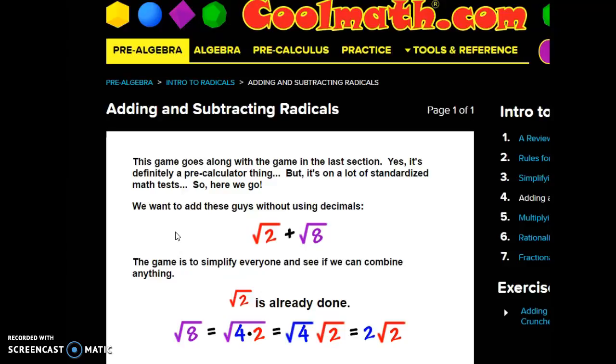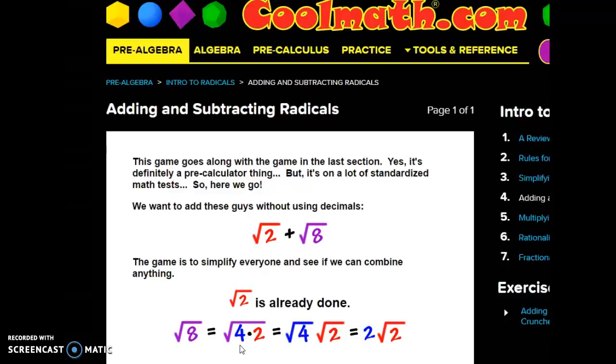Okay, he calls this part a game, and he says that if you wanted to add the square root of 2 plus the square root of 8, could you do it? Well, there's nothing that we can do to take the square root of 2 any farther to simplify it. But when we have 8, we know that the square root of 8 can be represented by 4 times 2.